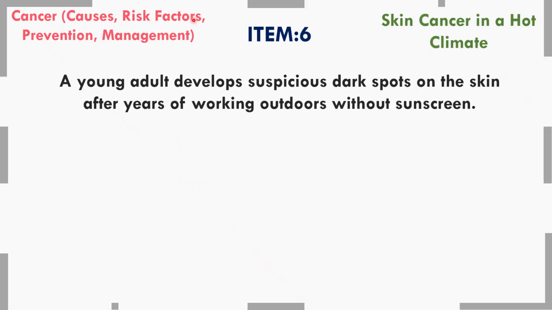Cancer causes, risk factors, prevention, and management. We want to look at skin cancer in hot climate. Item 6. A young adult develops suspicious dark spots on the skin after years of working outside without sunscreen.